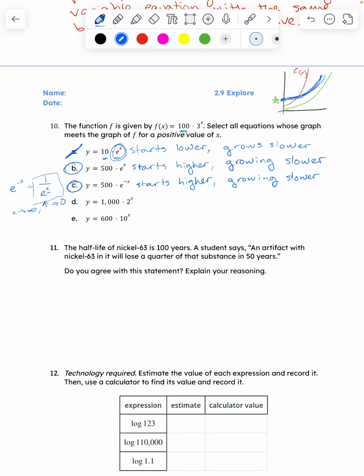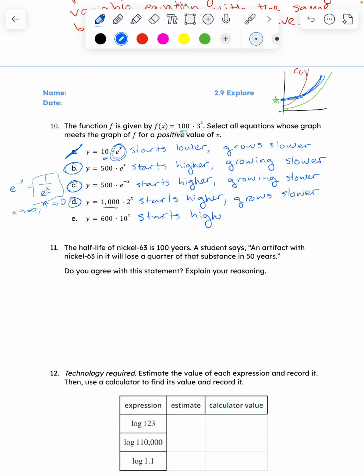Okay. Similar logic here. 1,000 is greater than our 100, so it starts higher. And then 2 to the x is definitely going to grow slower than 3 to the x. Just on the face of it, 2 is less than 3. So they're going to cross. And in our last case, 600 is greater than 100, so it starts higher.